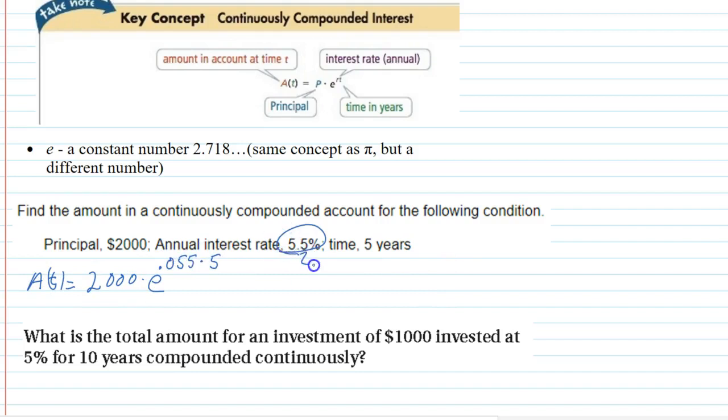Remember, 5.5% has to change to 0.055. So we have 2,000 times e raised to the power of 0.055 times 5. And that's going to give us, after you plug it into your calculator, 2,633.06. Remember, because it's money, you always are going to have 2 decimal points.